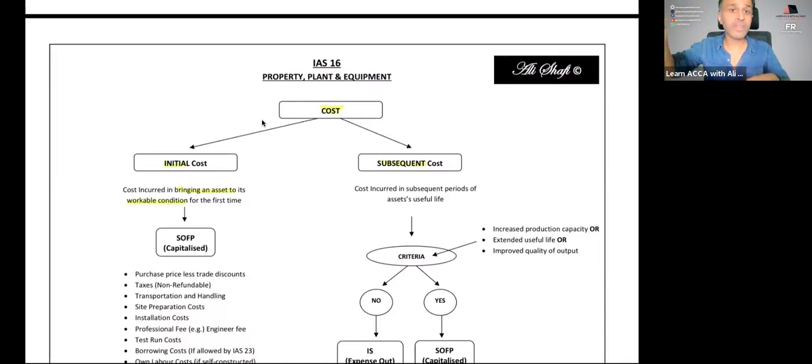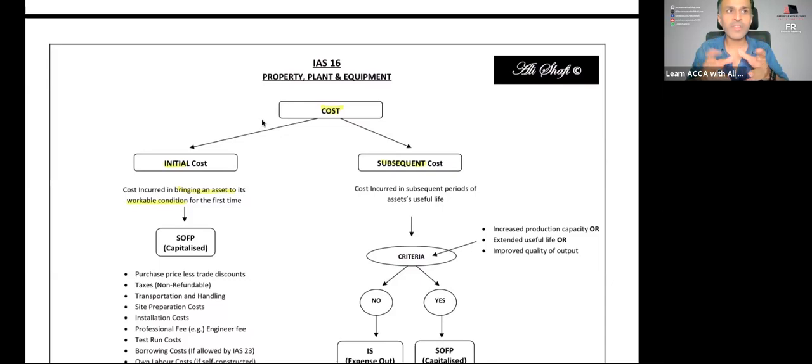You may have acquired it a month ago and it has taken about a month to come to your place, because a lot of things on the way were planned to take place, like shipping of that machine first of all. Then arriving at your premises, it needed to be unpacked. Then it needed to be installed. That probably has taken about 15 odd days. So all of that cost you have incurred in the last 15 days to bring that asset into a workable state is the cost that we call initial cost.